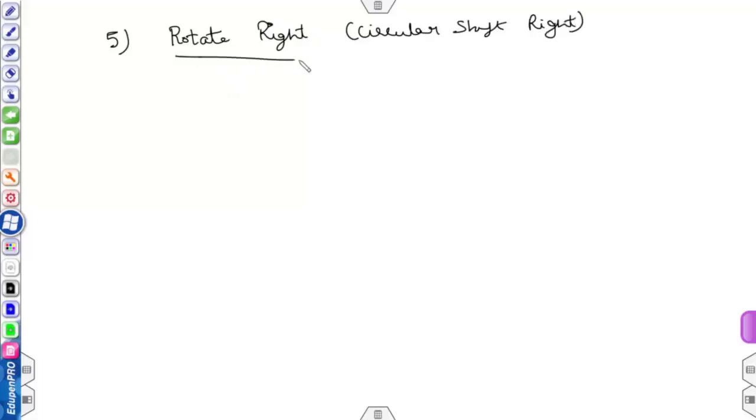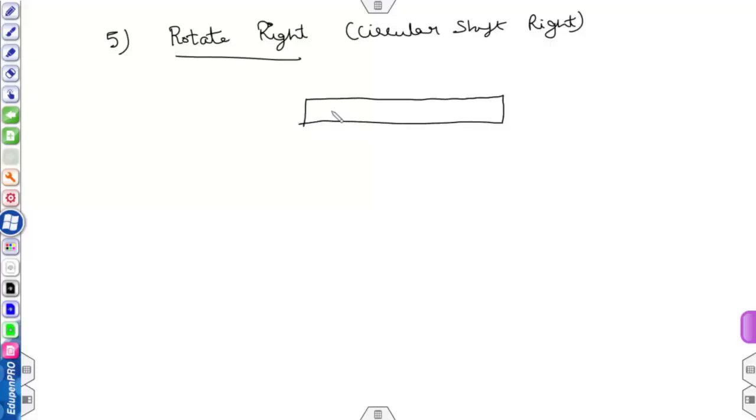Now we will discuss the next shift instruction, that is rotate right, or you can say circular shift right. So what happens in circular shift right? Here no bit is wasted, that means there is no bit loss. All the bits are preserved here.